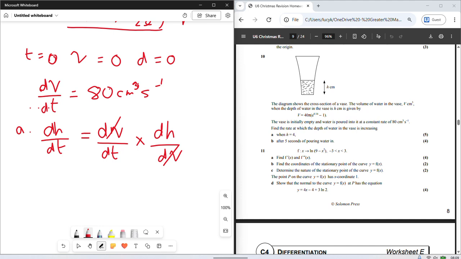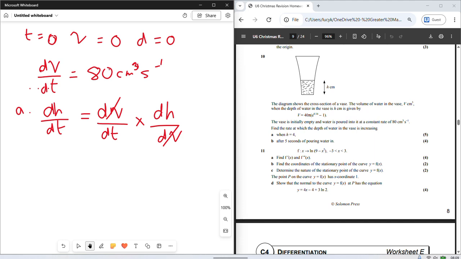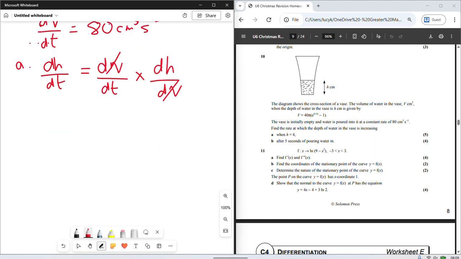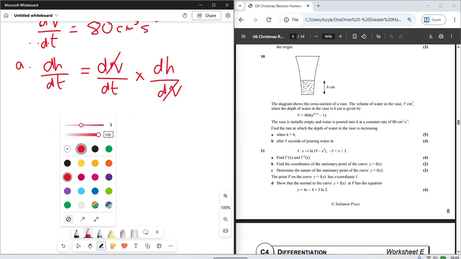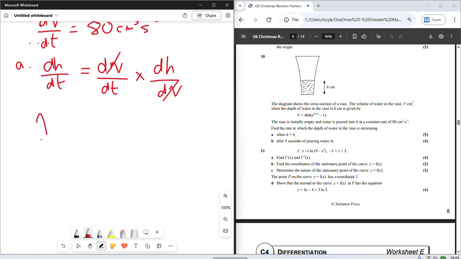Now you might think, how do I do that? We might struggle with that directly, but I'm told at the start of the question what the volume is, and that has an h in it. So V is 40 pi e to the 0.1h minus 1, and we are going to differentiate that with respect to h.